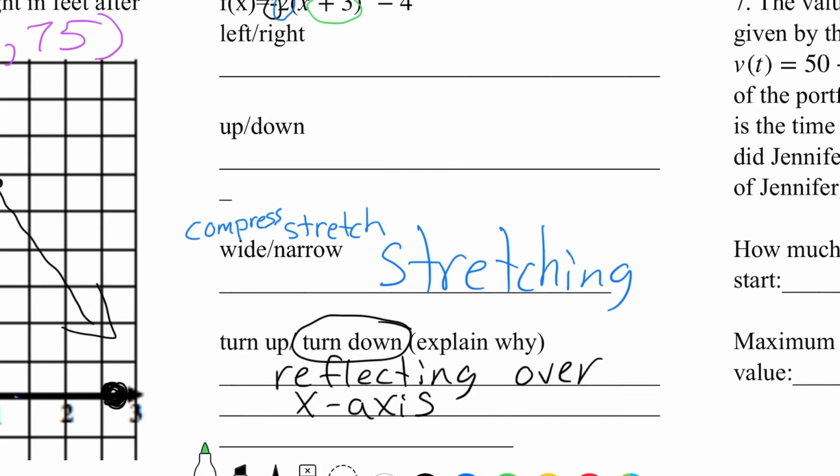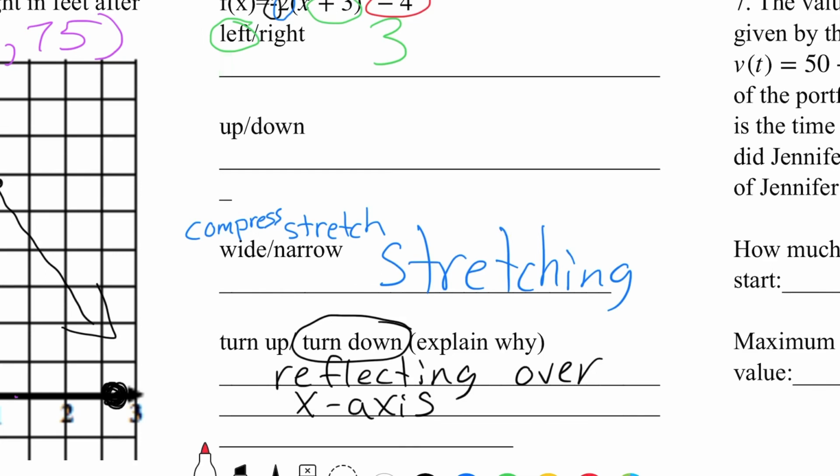Then your positive 3 on the inside. Again, on the inside, you're scrunched up, mad at your parents, you're going to be disobedient. So affecting the x's, left and right. Obedient or disobedient to it is positive, so we're going to be going to the left 3.